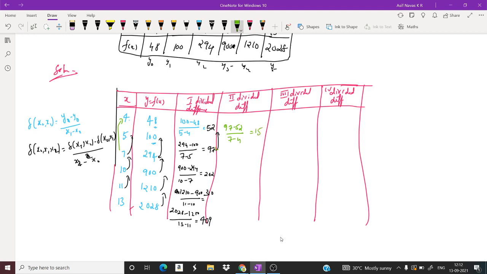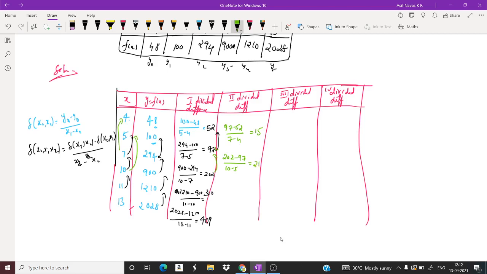And next is this minus this: 202 minus 97 divided by 10 minus 5. That is equal to 21.